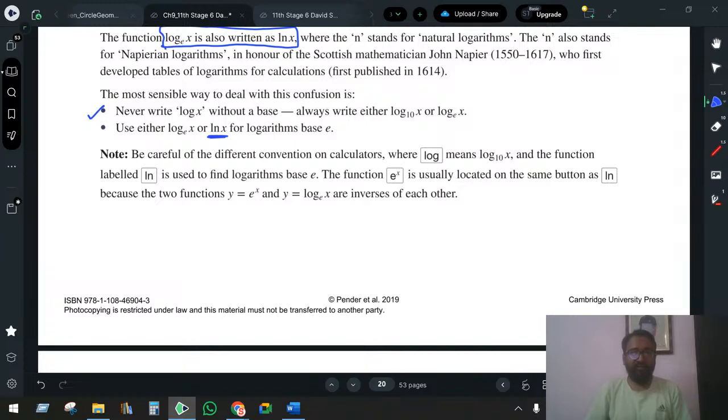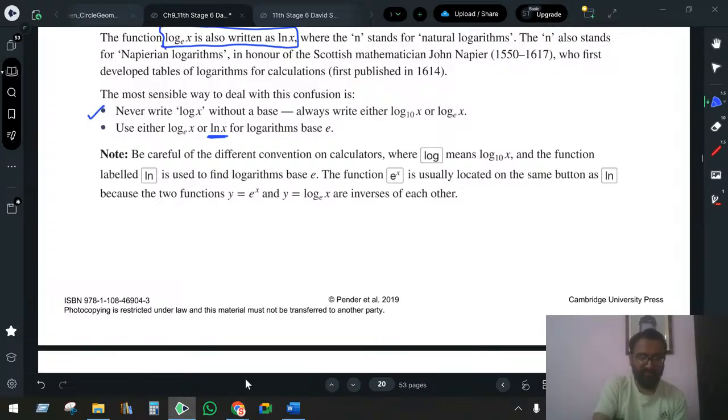Be careful of different conventions of calculators, where log means log x base 10 and the function labeled ln is used to find logarithms base e. The function e power x is usually located on the same button as ln because the two functions are inverses of each other.